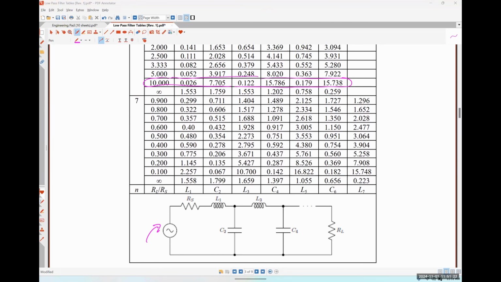Okay, so this is our starting circuit. And now we need to figure out what our scaling values are.